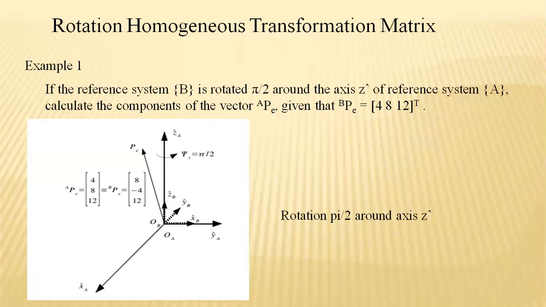And the basic four coordinate systems are: first, the Cartesian coordinate system, then the spherical coordinate system, the cylindrical coordinate system, and finally the articulated coordinate system.